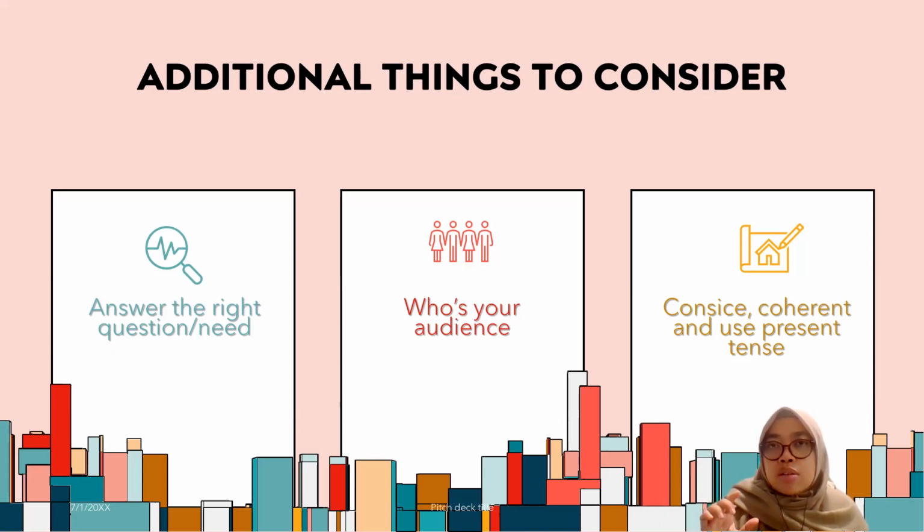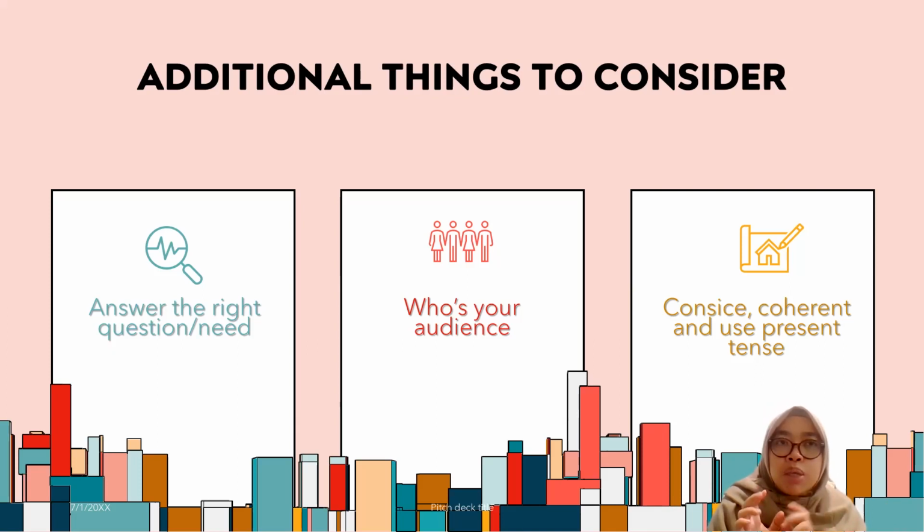So pay attention on that, and coherent. So don't make it overlap one to another, so you have to make it coherent. Jadi coherent itu apa ya, saling bersambung gitu ya, jadi tidak overlap satu dengan yang lain, nanti step A ternyata mirip sama step B gitu misalkan.